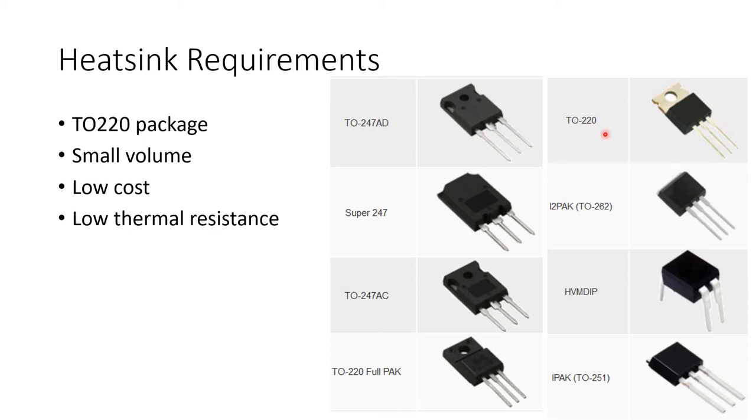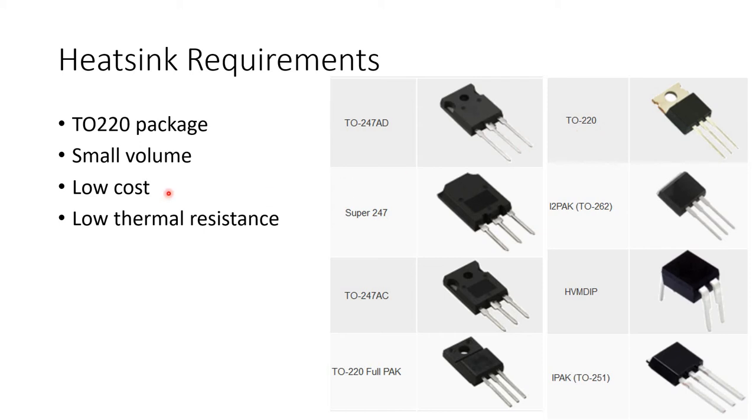There are different kinds of packages for MOSFETs and IGBTs and diodes. Actually, they use the same package. What you can do to choose a heatsink, you should first find out the package of your switching device. Then you should find an appropriate heatsink which is suitable for your package.